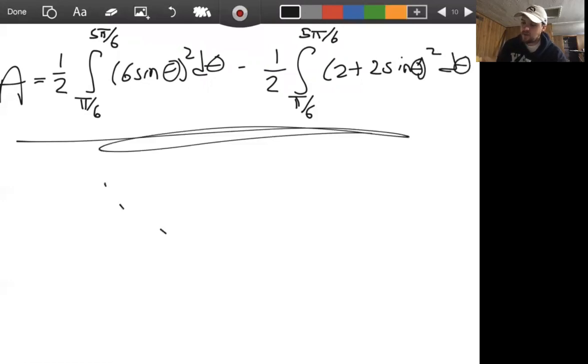And now we could work out what the area should be, because these are both integrals that we're equipped to solve. All right, so this is all I wanted to talk about for finding area under polar curves.